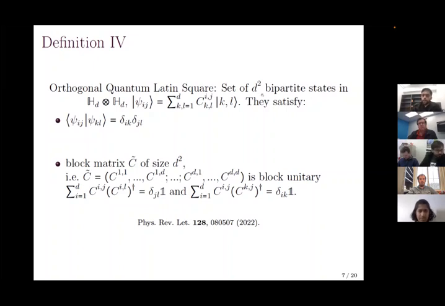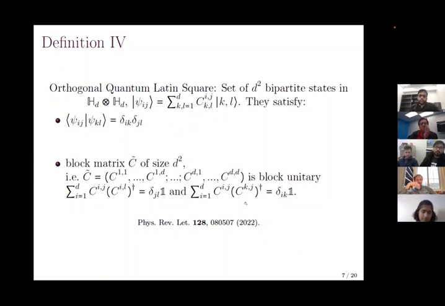This is a set of d squared bipartite states, which can be written as a superposition in the product Hilbert space of d dimensions each, and they are orthonormal. If you write the coefficients as columns, then the block matrix you get is block unitary.